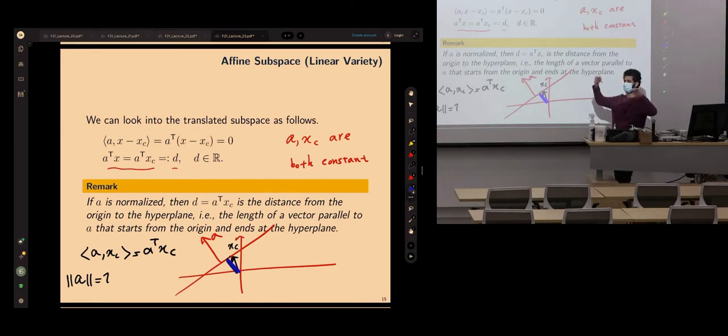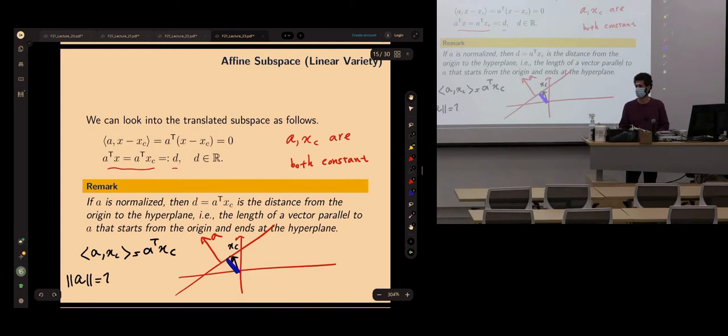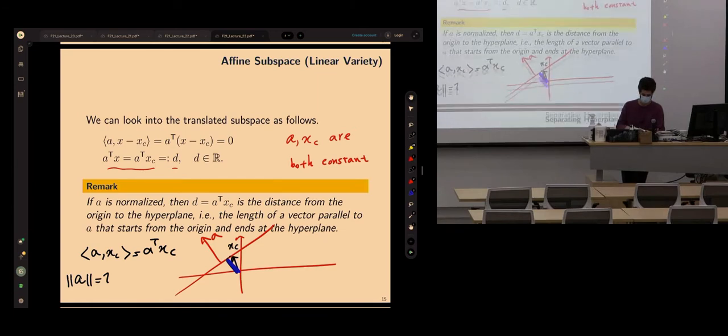Not along any direction. You think about shortest distance, and that's usually orthogonal to the hyperplane. How to make it orthogonal? Dot product. Okay? Now, in general, A is not normalized, so you can normalize it. Divide by the norm of A. It will give you that. So this is the distance of the hyperplane itself from the origin.